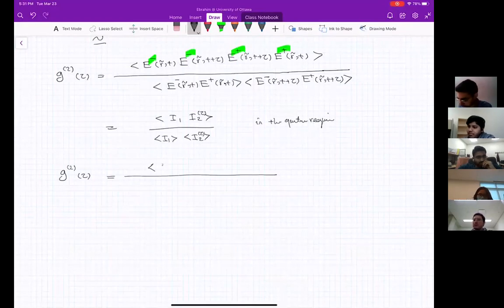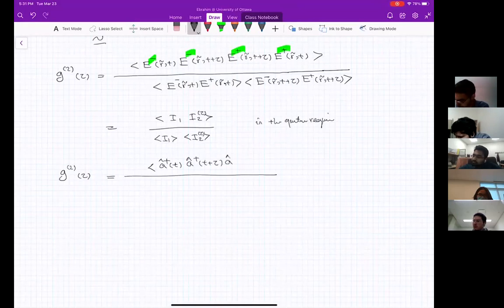So the first one would be the creation operator at the time T. The other one will be at T plus tau, the annihilation operator at T plus tau, and at T, divided by the photon number average, which is essentially nothing more than a dagger a, to the power of 2. It doesn't matter, at t and t plus tau it is the same. So that's the reason that I have written it this way. So that's the quantum optics formalism of that.